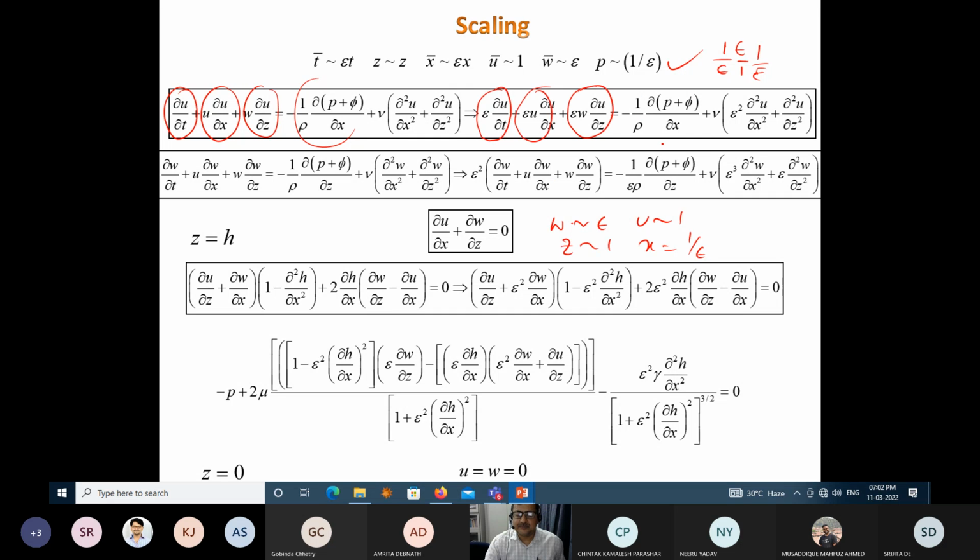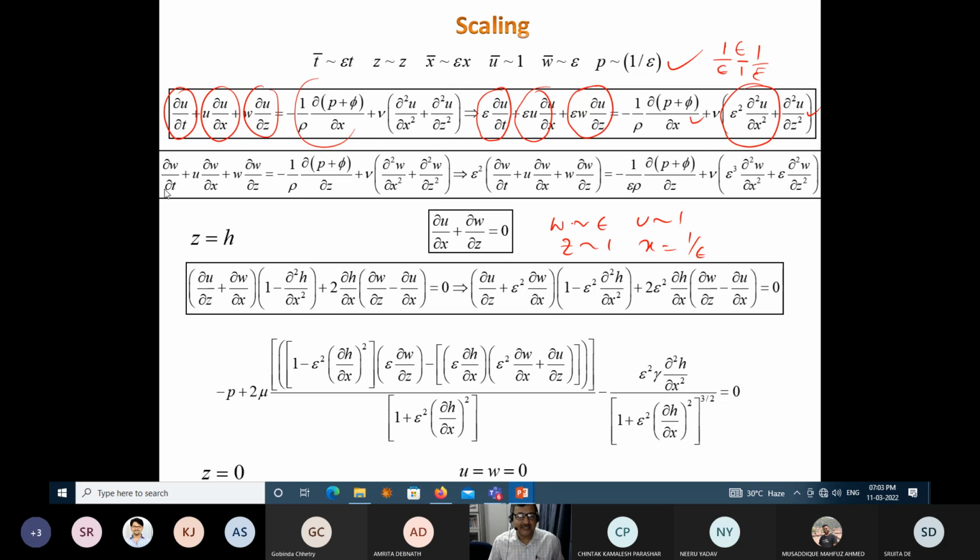This has no epsilon. This is epsilon square, very small. And these two terms are the leading order terms. Epsilon is a signature of which term will be a small term for me to ignore.